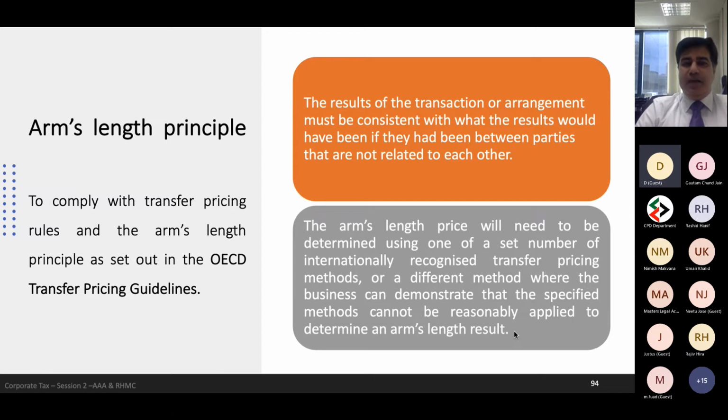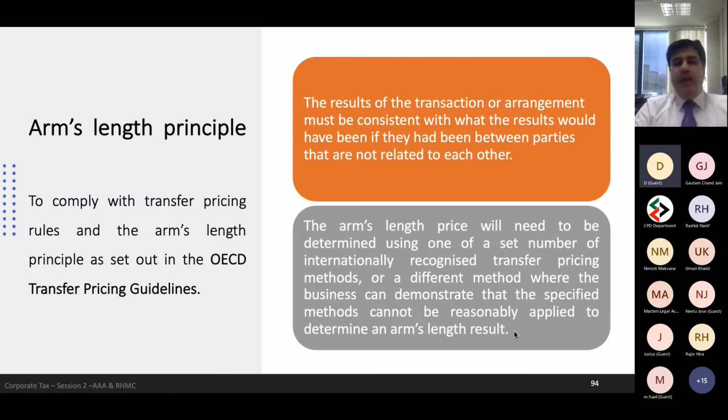Now, to comply with transfer pricing rules, the arm's length principle set out in the OECD transfer pricing guidelines needs to be followed, which is quite extensive. The result of a transaction or arrangement must be consistent with the result that would have been achieved if there had been no relationship between the parties, or they were not related to each other. That's where the pricing difference comes and needs to be looked at.